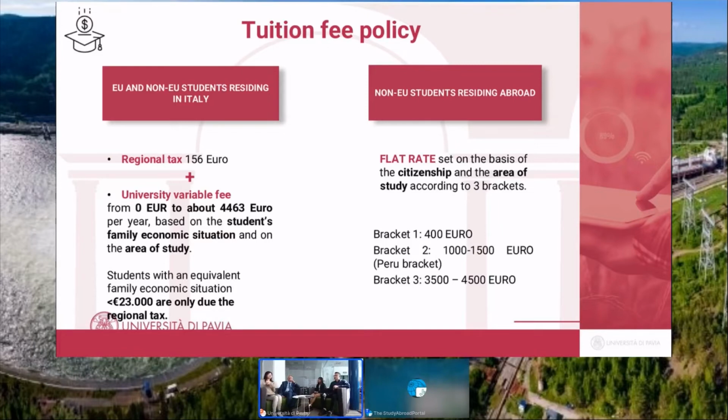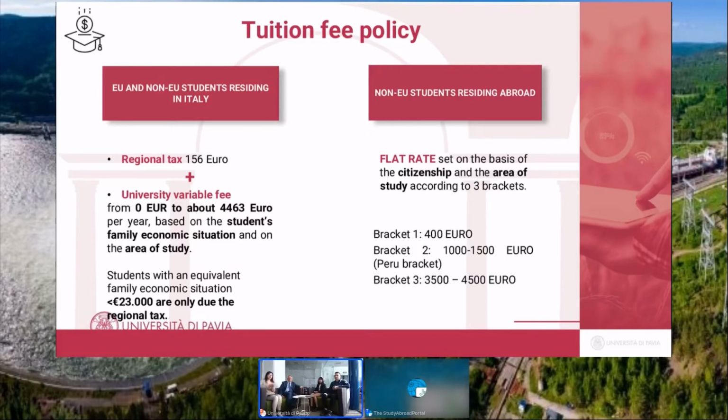But for the students who come from a family with quite limited financial resources, we have also another tuition fee policy, which means students can ask the university to recalculate the tuition fee according to their family's financial situation by presenting the documentation regarding the family's financial situation.